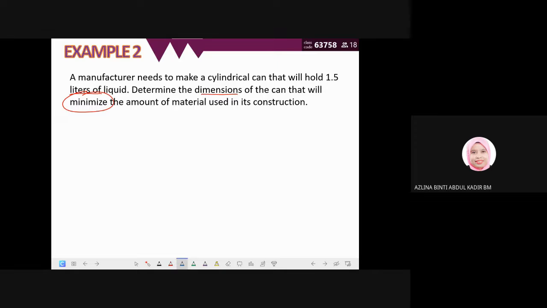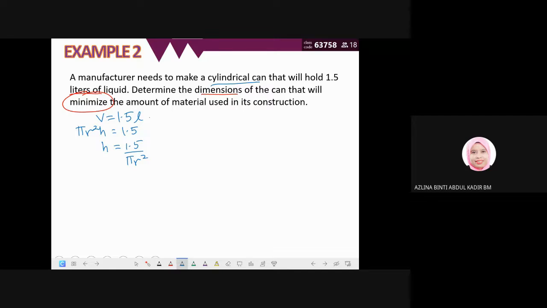So volume V is equal to 1.5 liters. The formula for the volume of a cylinder is pi r squared H, equal to 1.5. You write H in terms of R, so we have H equals 1.5 over pi r squared.